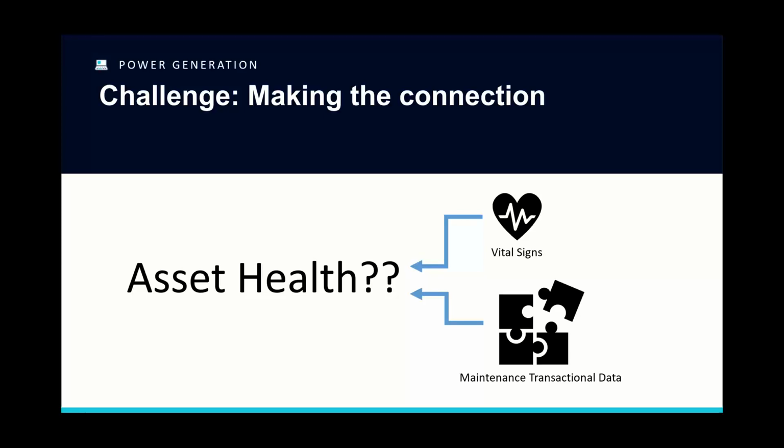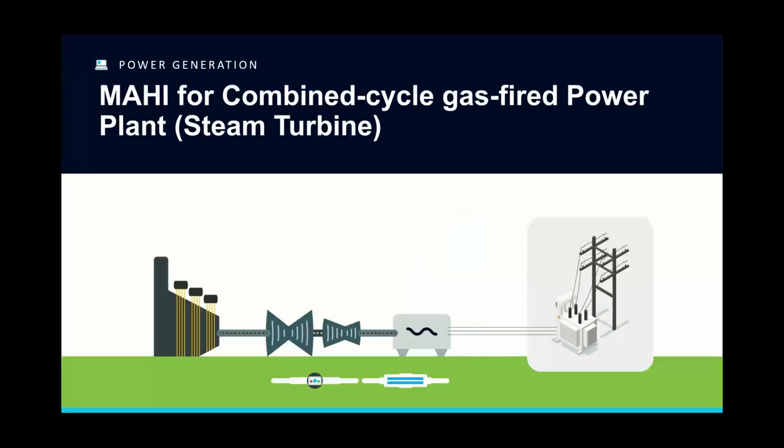This is where the maintenance asset health index came about. This is how it got started. This is something that Visual K designed, put together, validated, and now we're implementing it with our power plants. So let's get into the matter of what's behind it.